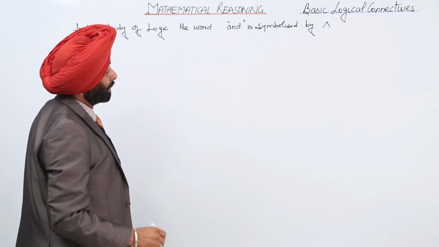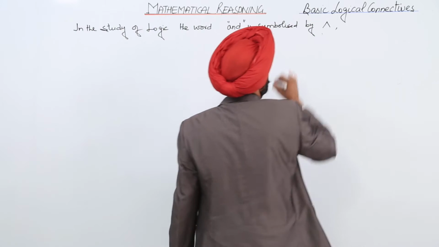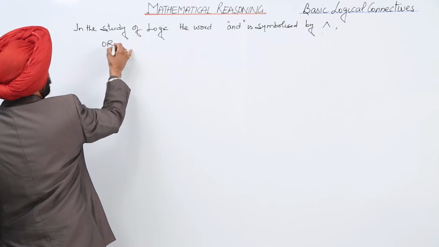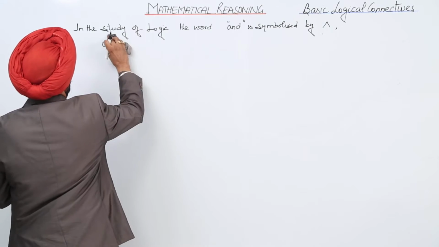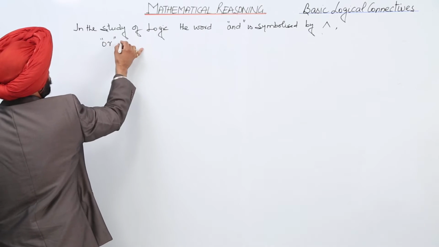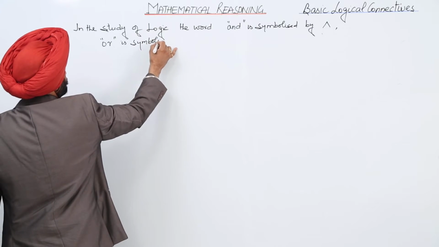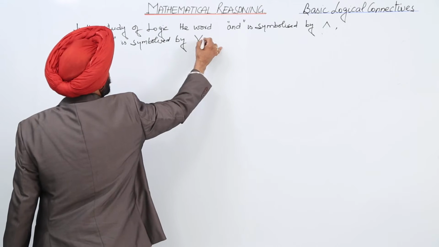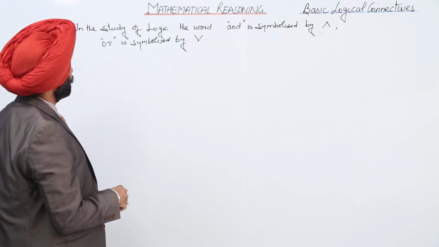"And" is symbolized by an upward arrow, and "or" is symbolized by a downward arrow. Okay. So now we are having two terms.